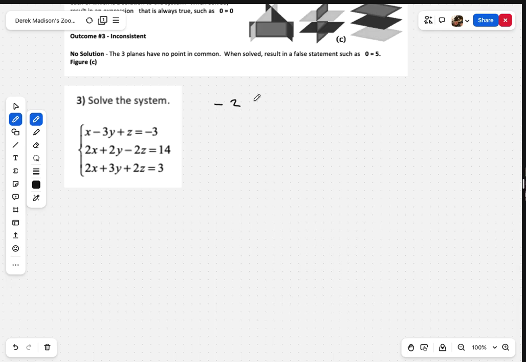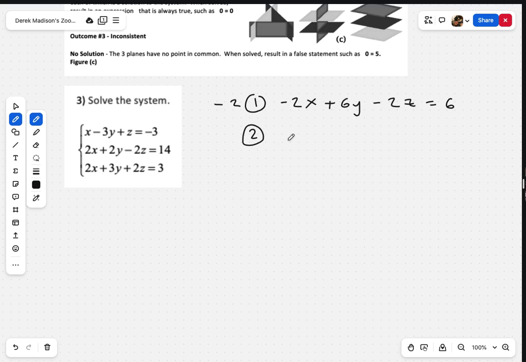And so I did -2 times equation 1, and then I'm going to add to that equation 2. So I'll have a -2x plus 2x right there. So that's going to start off -2x and then plus 6y minus 2z equals 6.